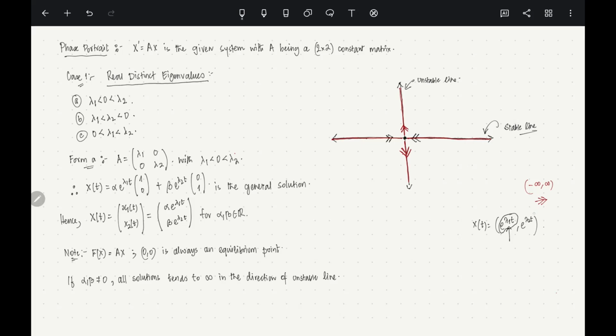And what about this coordinate? If you just look at it, at very close to minus infinity, that's when you are starting out, this goes to 0. You understand?